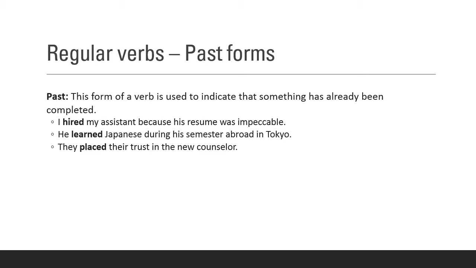In all of these three sentences, we have used the past form of verbs hire, learn, and place, and they are formed by the addition of ed or d to the main verb: hired, learned, and placed. They all talk about an action which has already been completed and which is not going on right now.